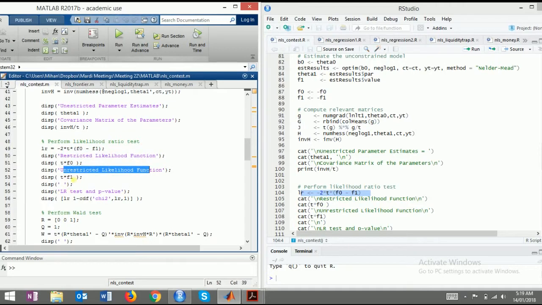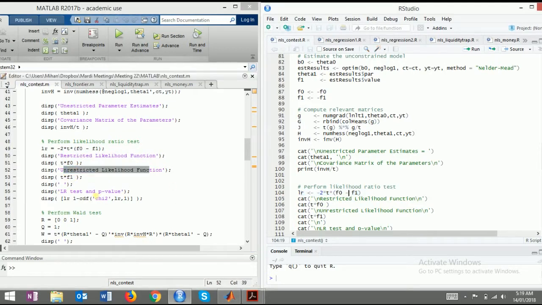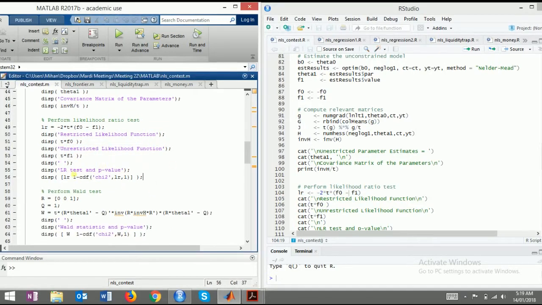The LR test is this, and the probability value is 1 minus the CDF, the cumulative distribution function, in chi-square. We want to run chi-square taking the LR test and degrees of freedom 1.